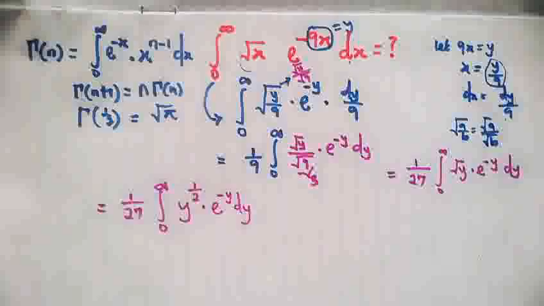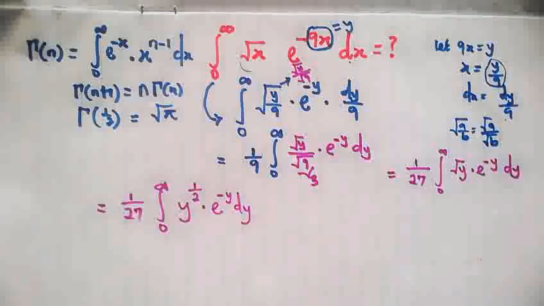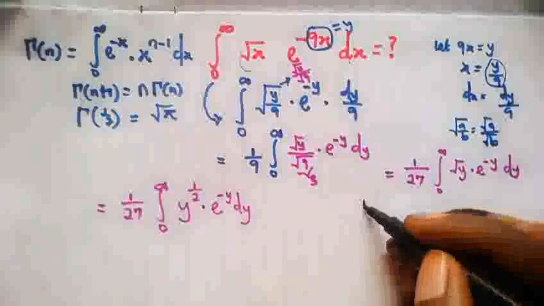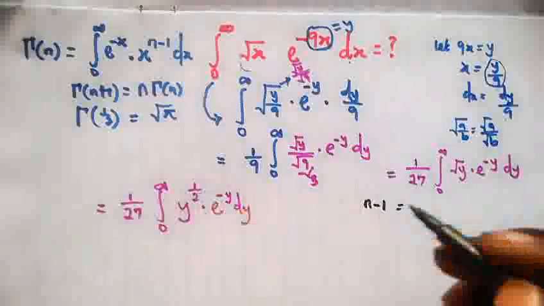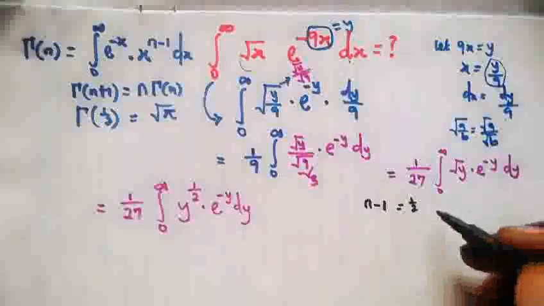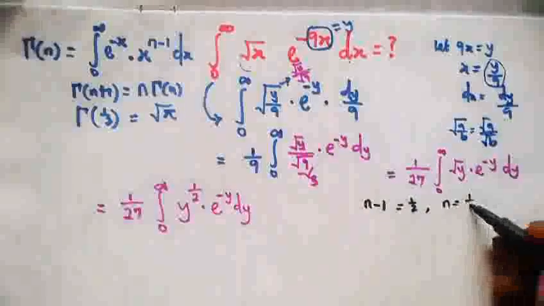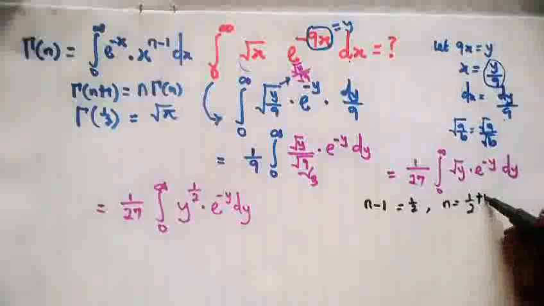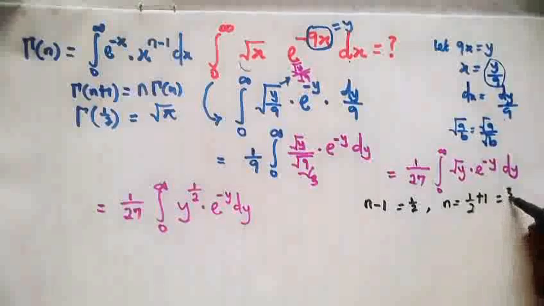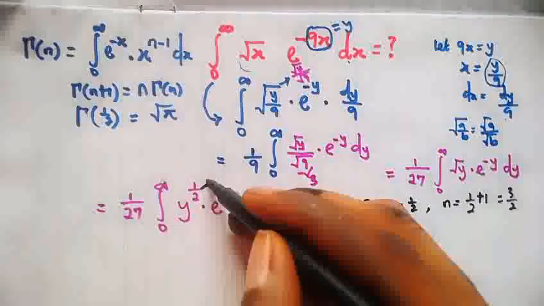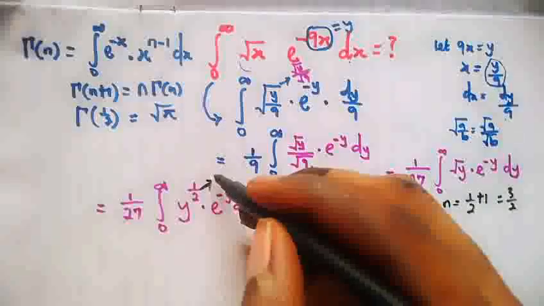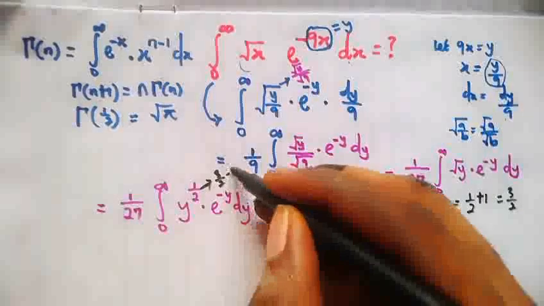When we compare the powers, n minus 1 is equal to 1 over 2. We all know that n is equal to 1 over 2 plus 1, and this is equal to 3 over 2. Meaning that this power here can be written as 3 over 2 minus 1.